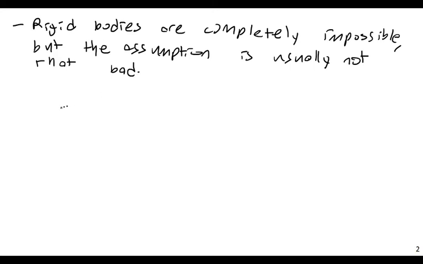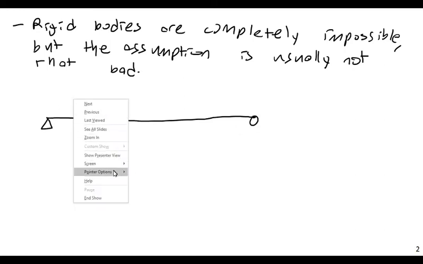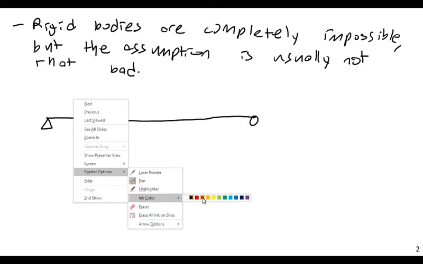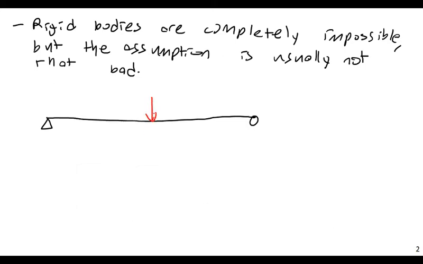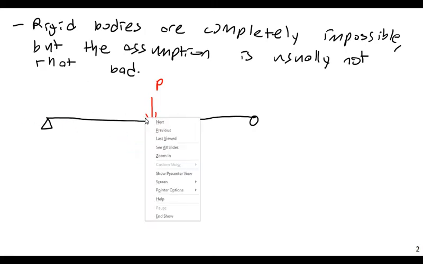So for example, if you remember from statics, when you did shear and bending moment diagrams, you usually assume that the beam is perfectly horizontal, and you apply a point load P. You're assuming when you calculate that shear and bending moment that it does not deflect.